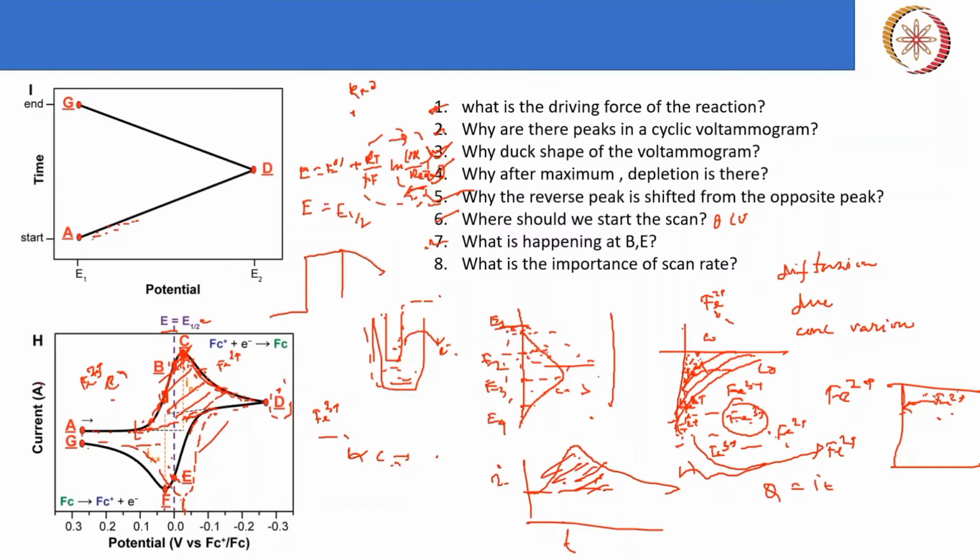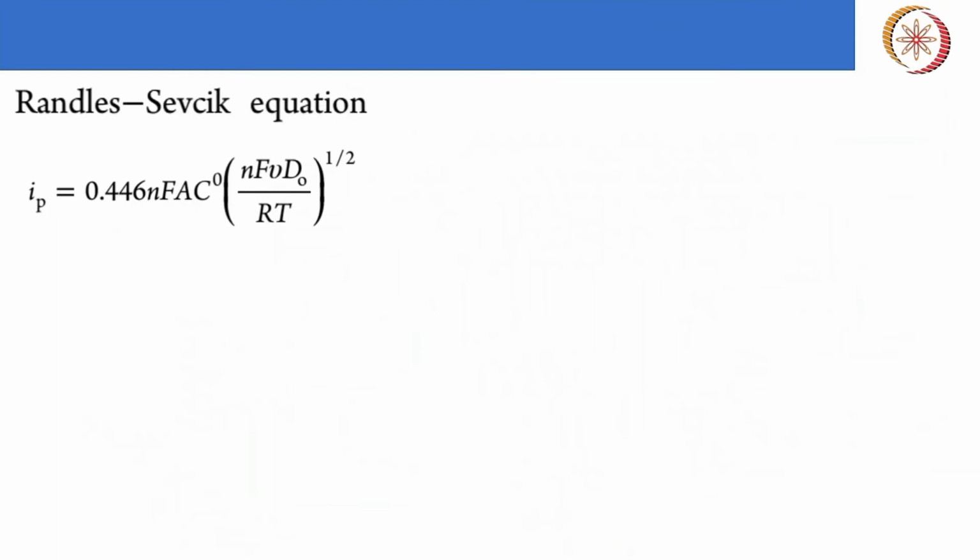Basically, you can scan your system at different potential rates. Suppose in one case you are perturbing at 5 millivolt per second, another one at 10 millivolt per second, and another one at 30 millivolt per second.